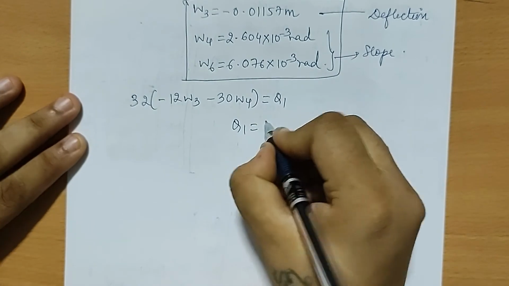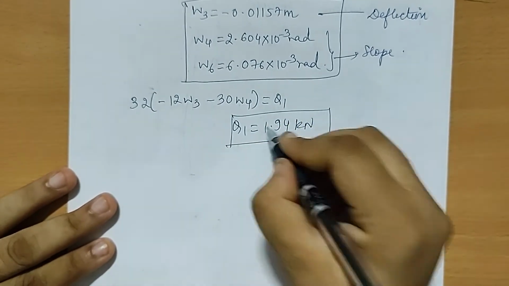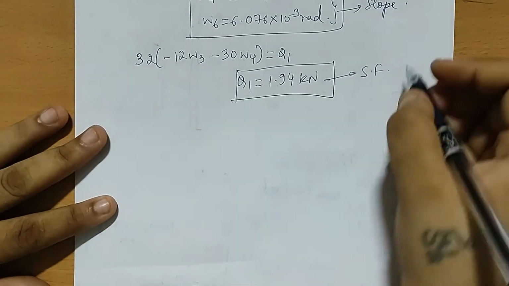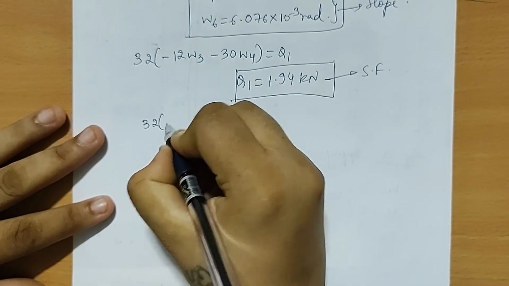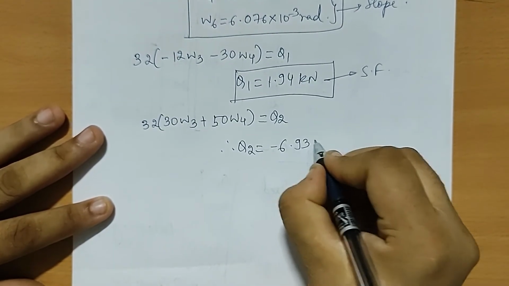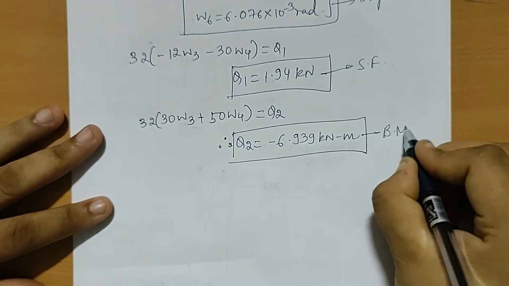I get Q1 as 1.94 kilonewton. This is the shear force at node 1. Next I have 32. I get Q2 as minus 6.939 kilonewton meter. This is the bending moment at node 1.